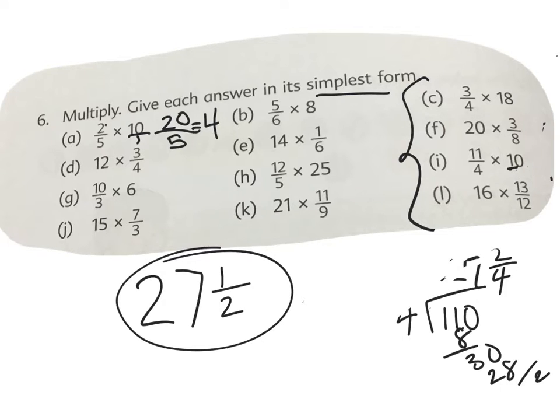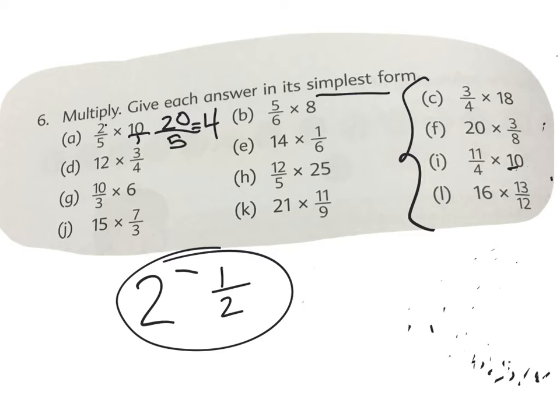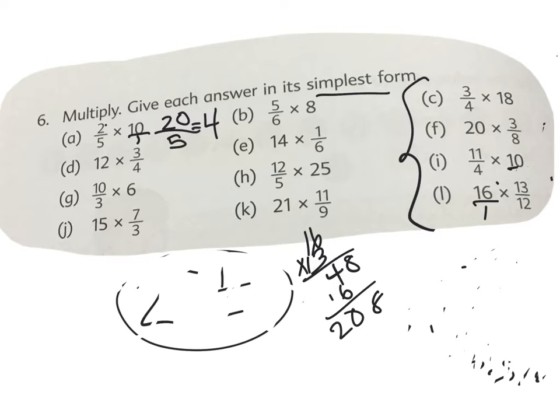Let's go on to the next one. 16 times 13/12. Is there an easier way to do this? I don't know. Good enough. So 16 over 1 times 13/12. 16 times 13 is 208, so it's going to be 208 over 12.